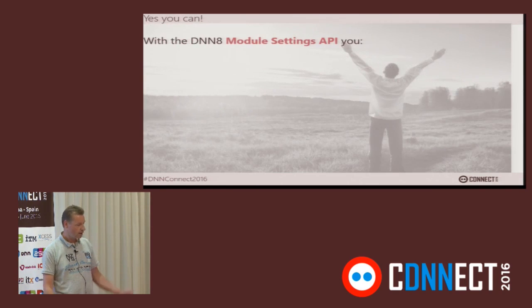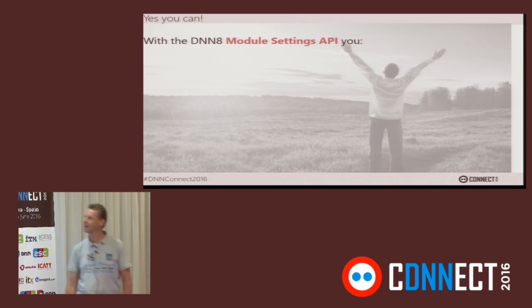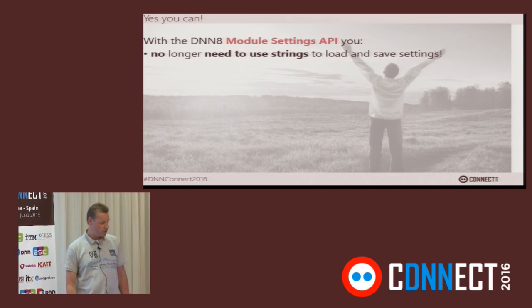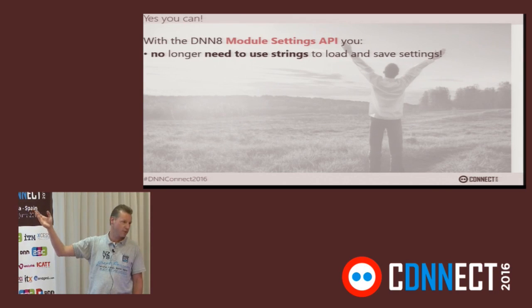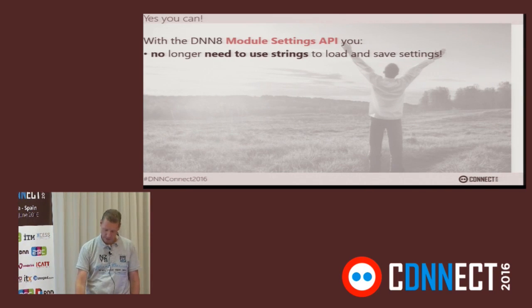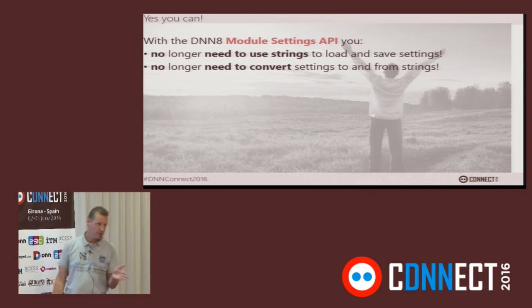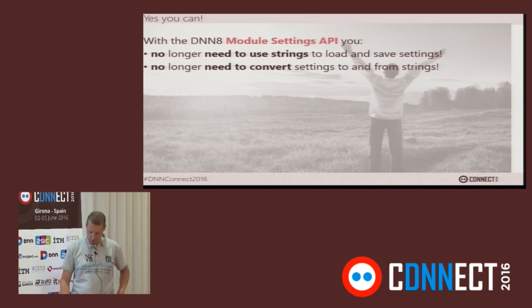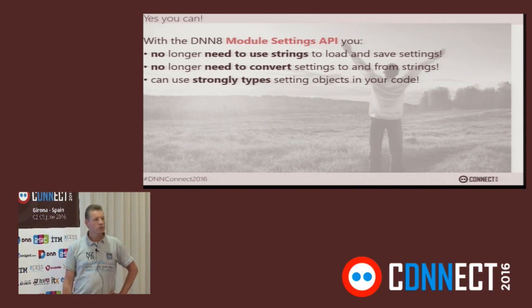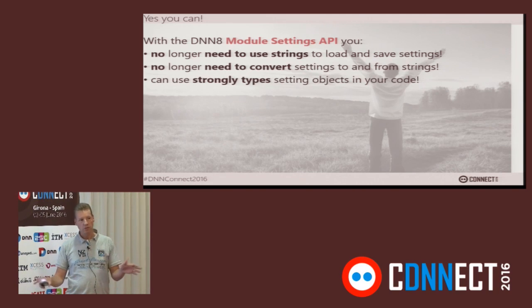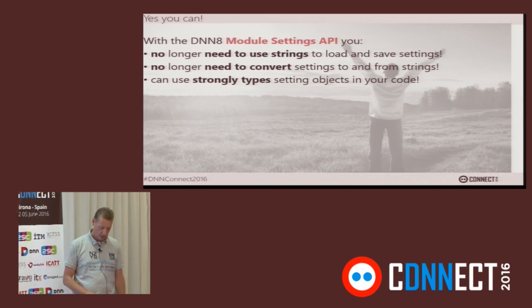And finally, with DNN 8, you can. Indeed, you no longer have to use strings anymore to load and save settings. I'll show you that in a minute. You no longer have to convert to and from strings anymore. So that should be a relief. And you can use strong types throughout your code just by using this single setting object.